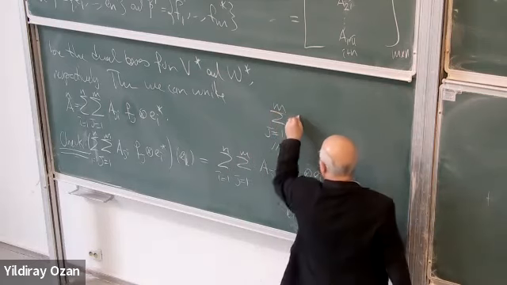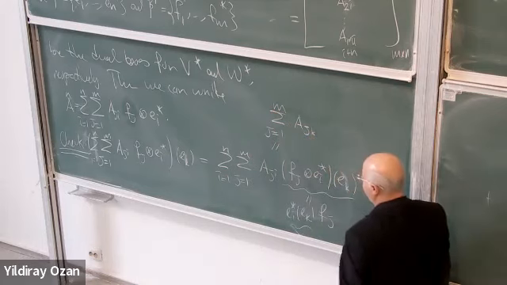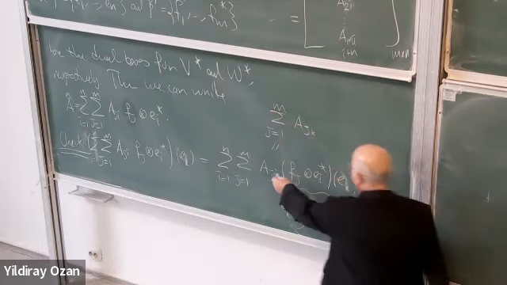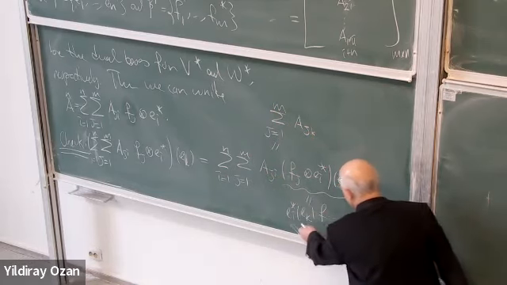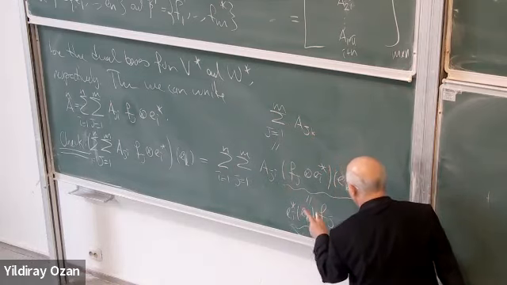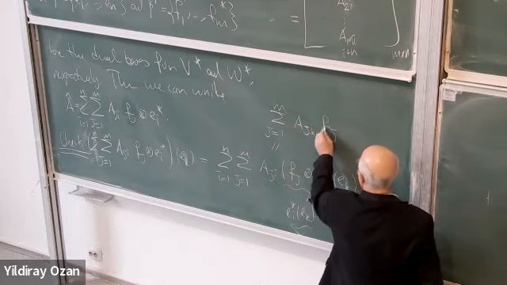I have a_jk, and then when i equals k, this will be just 1, so I will just get f_j.